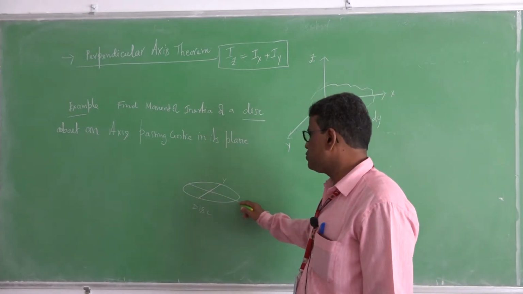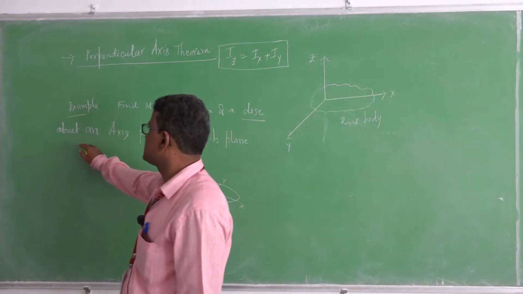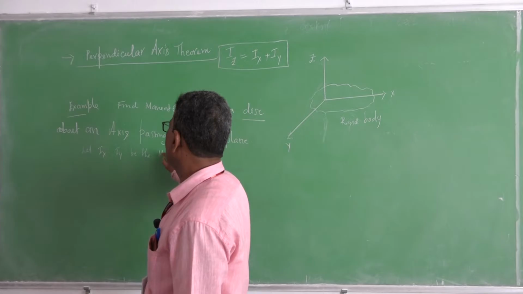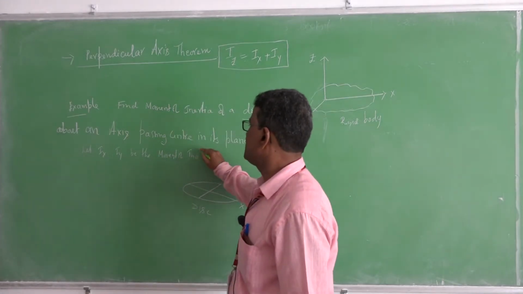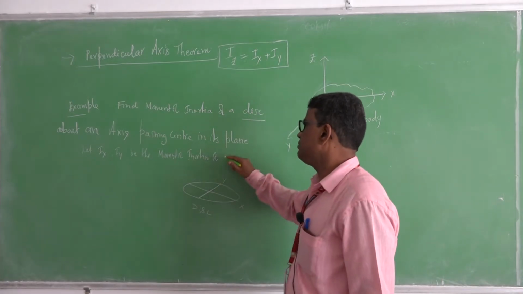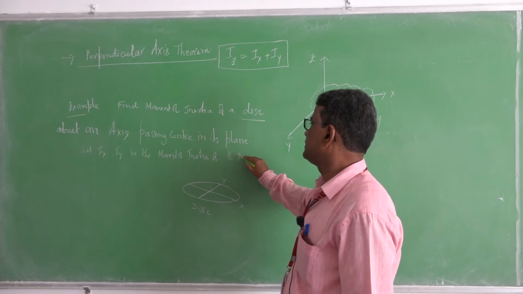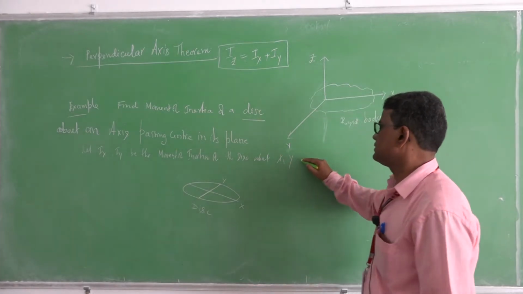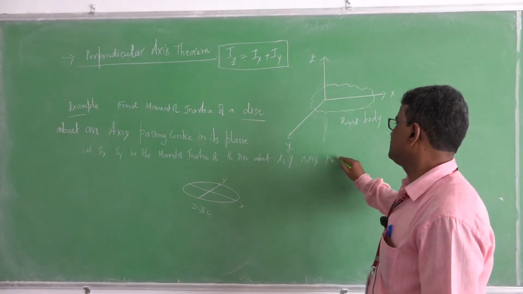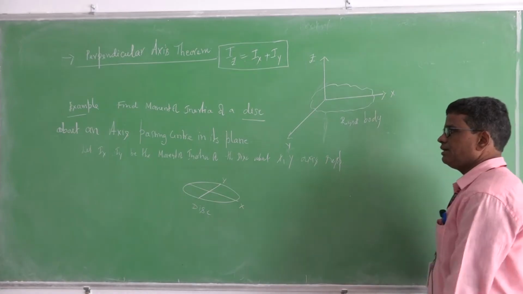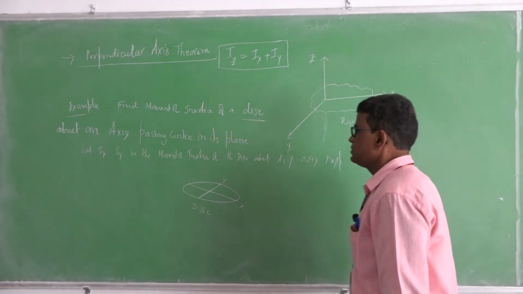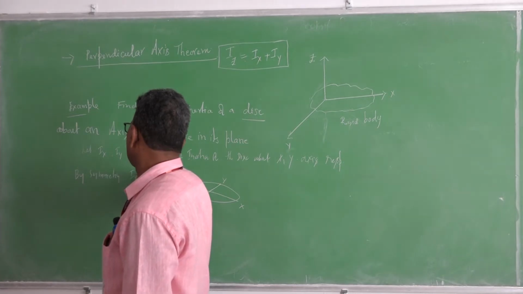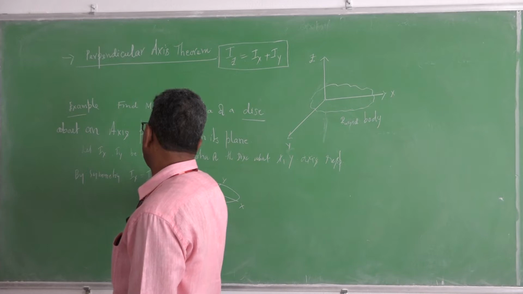From symmetry, these two are equal, so Ix is equal to Iy, which we call Id.